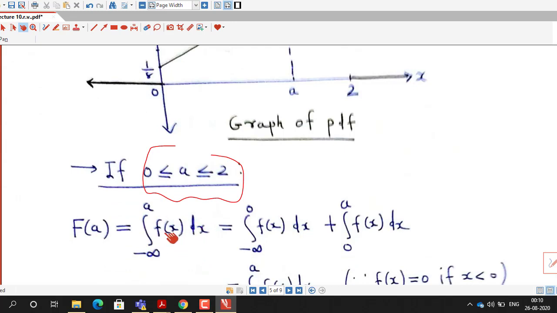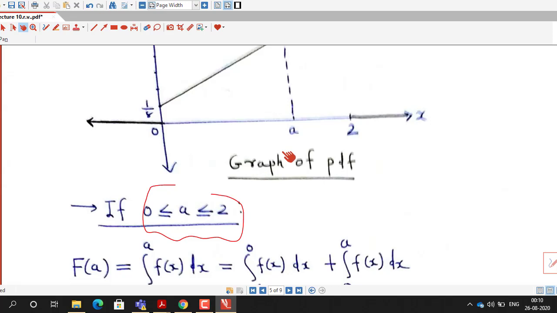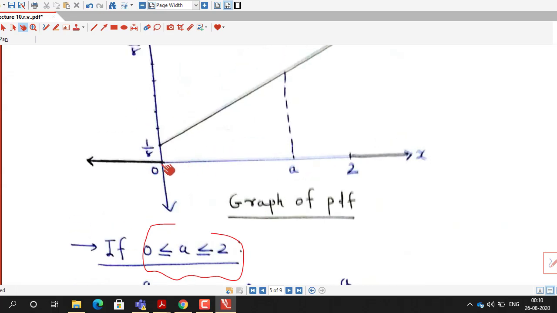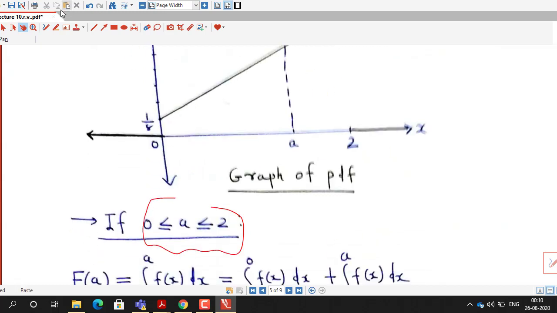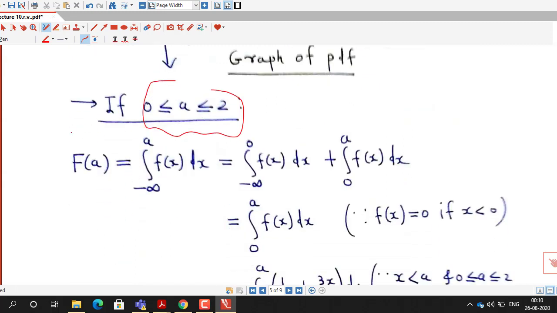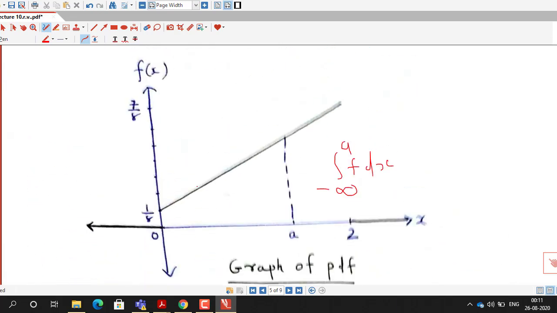Now a is in the closed interval 0 to 2. You can see up to this point the value of f(x) is 0, and after this point it changes. So we break our integral into 2 parts. Our integral is F of a equal to the integral from minus infinity to a of f(x) dx.